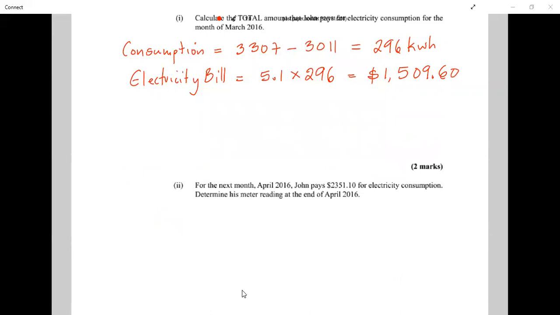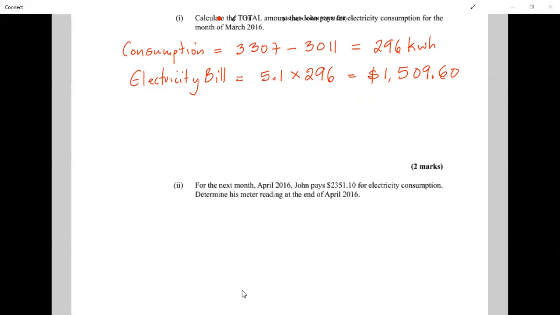Now, if we're going to determine the meter reading, we need to know how many kilowatt hours of electricity he consumed in the month of April, because the meter reading is based on electricity consumption.